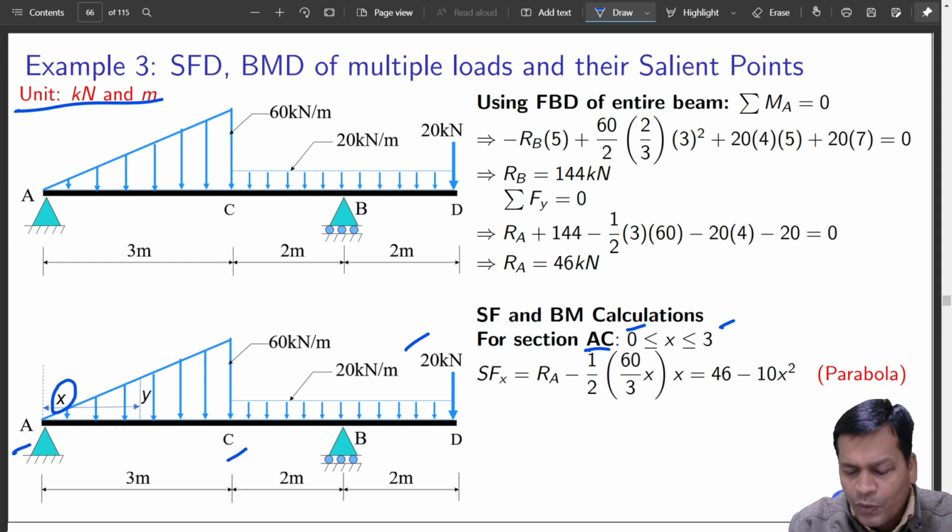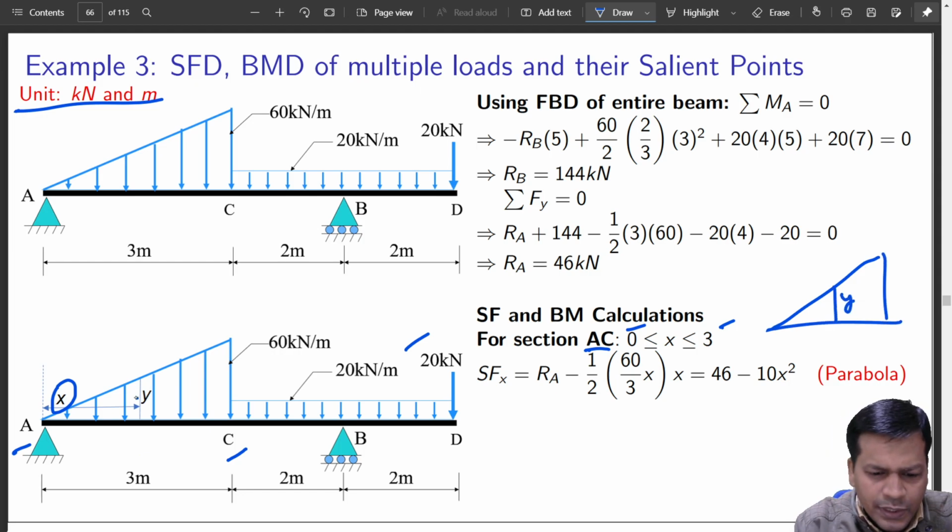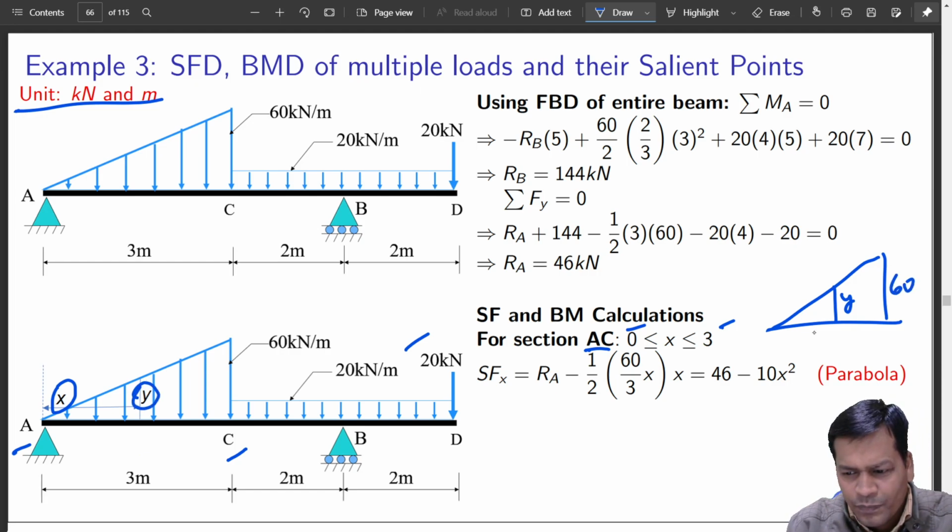Using similar triangles again, how much should y be, that is the load variation over here. This is 60, this is x, and overall here is 3.